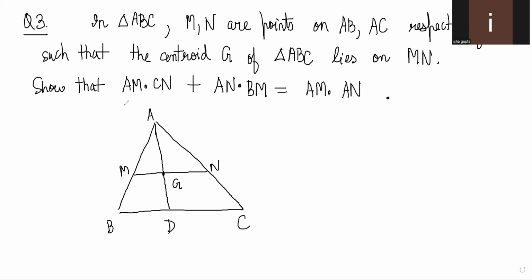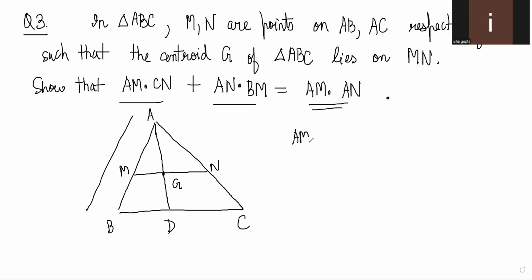Now we have to show this thing, right? Because it is a centroid, we know the ratio AM by AB will be the same as AN by AC because of parallel lines.